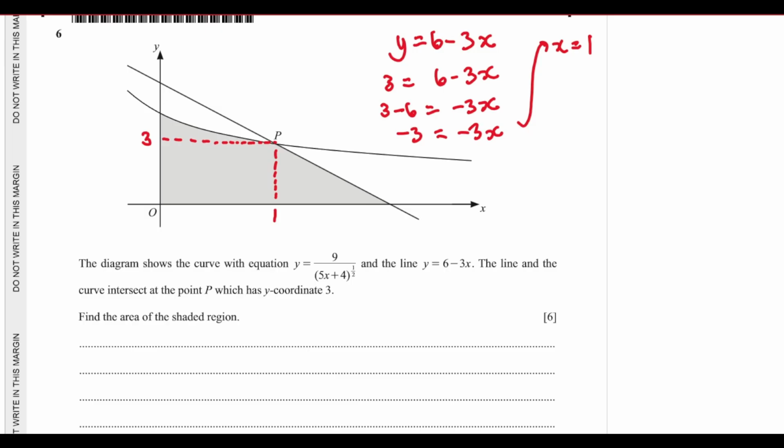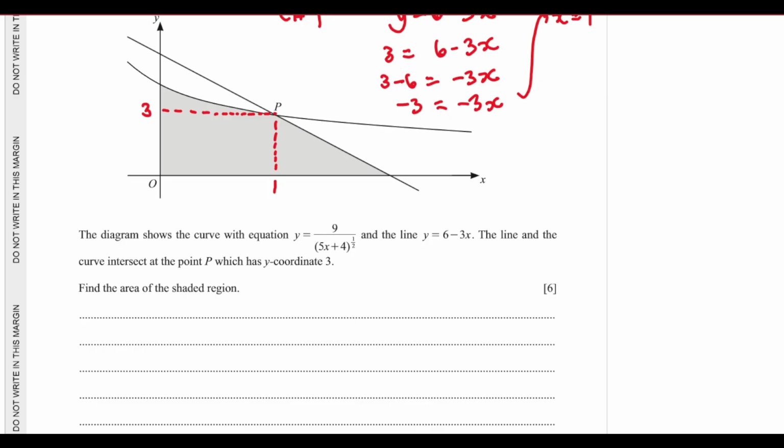Okay. We need the area of the shaded region. How can we find that area? Areas under graphs have to do with integrals, which is chapter 9. We can find the area under these curves, no problem.